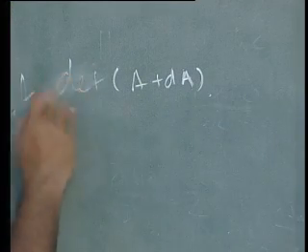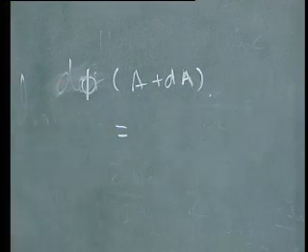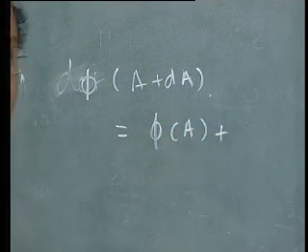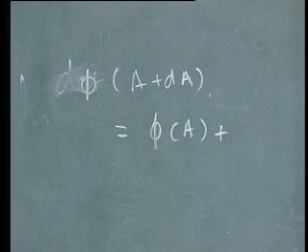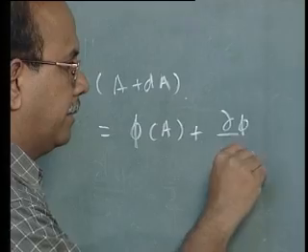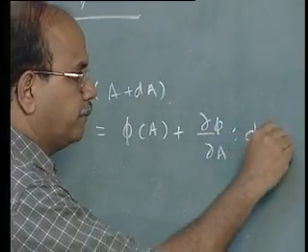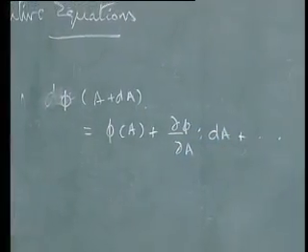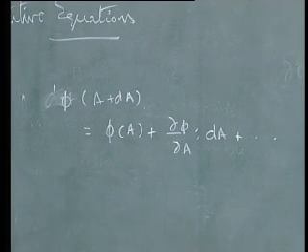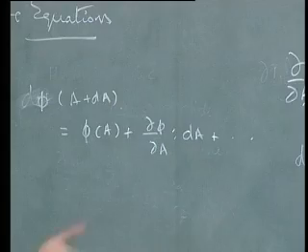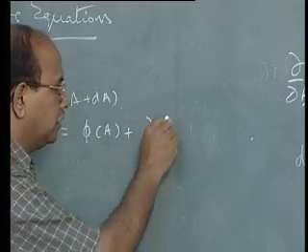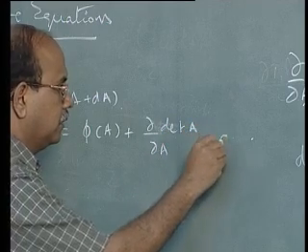Suppose I have some function phi, it is equal to phi of A plus dou phi by dou A dA plus higher order terms. Here, instead of this phi, what you have is the determinant of C, or the determinant of A. So this will be the determinant of A plus dA.